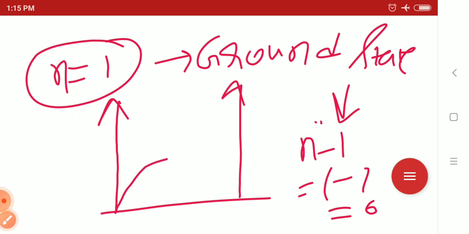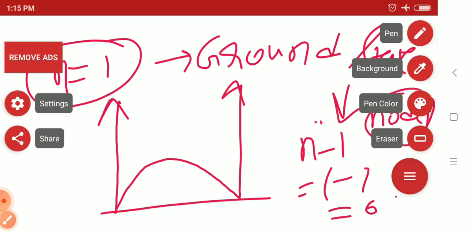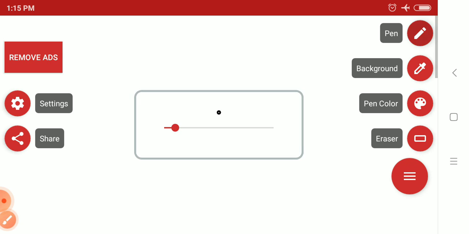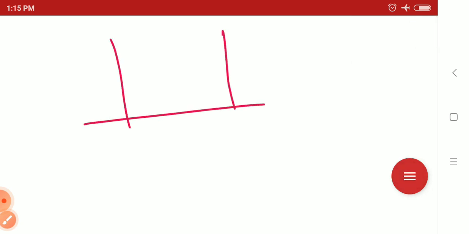Now let me clear what nodes actually are. Nodes mean the places where the graph is intersecting. Suppose you are drawing an arbitrary graph, and the graph intersects 1 time, 2 times. The graph intersects the box 2 times, not at the boundary. Remember, not at the boundary.